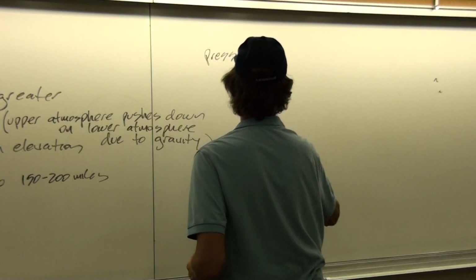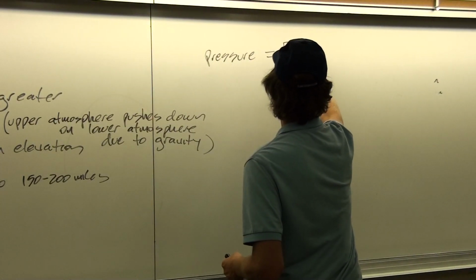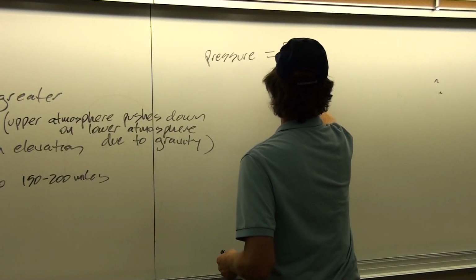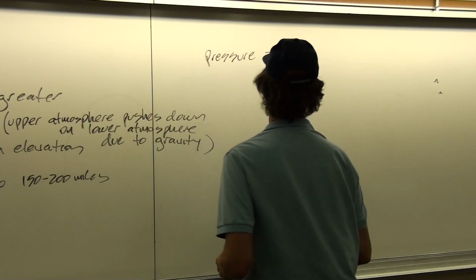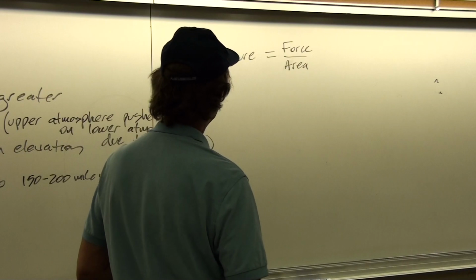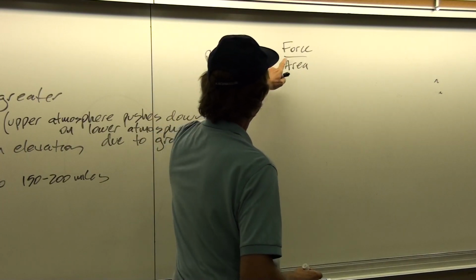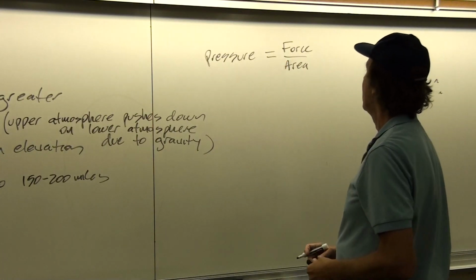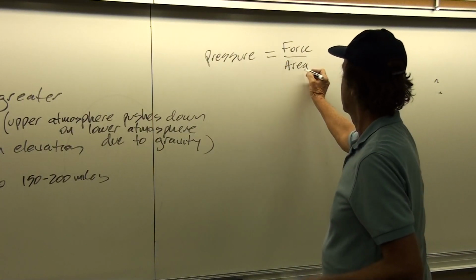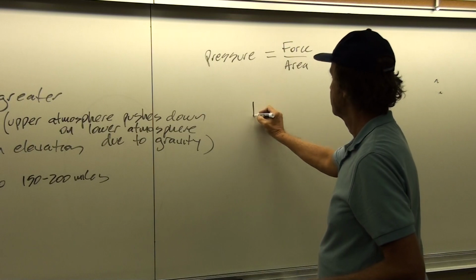We can think of pressure as being force divided by area. And so the force in this case could be considered to be essentially the weight of the atmosphere on a given area of the surface.